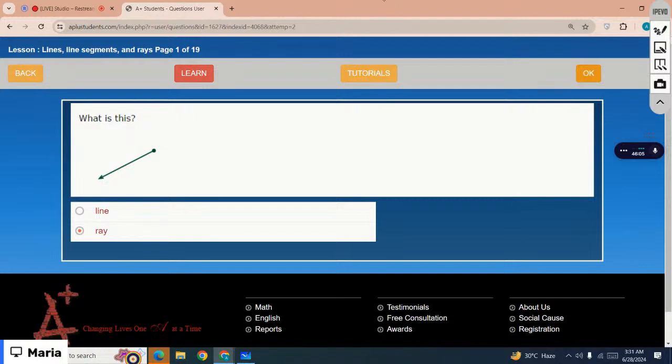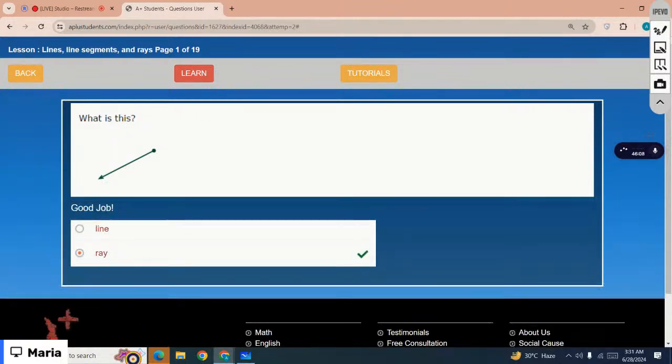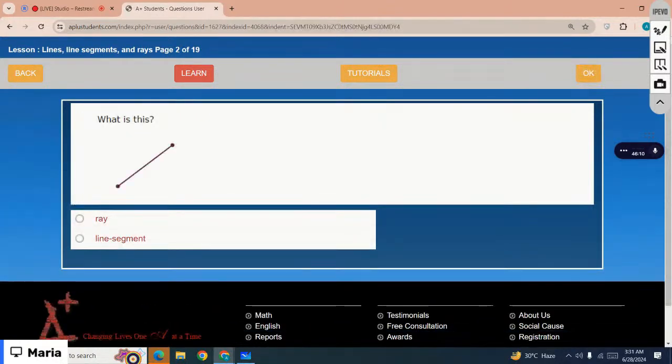The correct option is ray. What is this, ray or line segment?